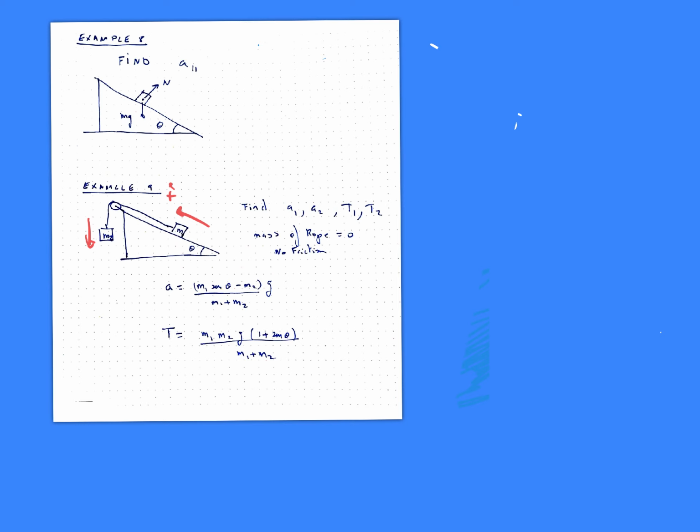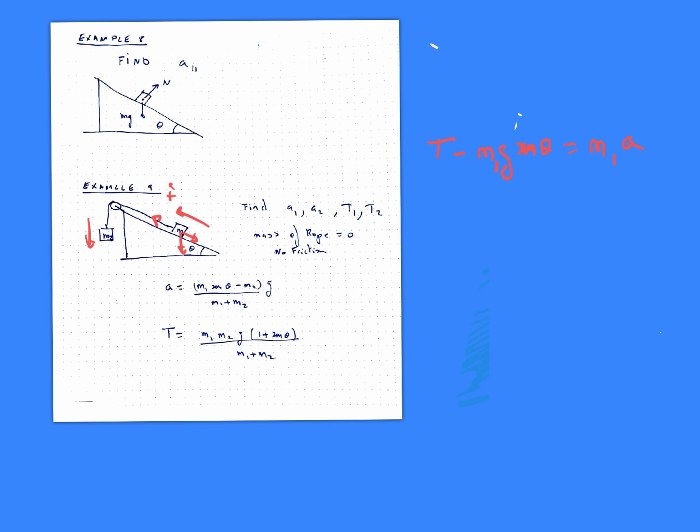So when you apply the equation for m1, the tension will be positive, T, minus the component of the weight, mg sine of theta, which will be negative. And this equals the mass m1 times the acceleration.